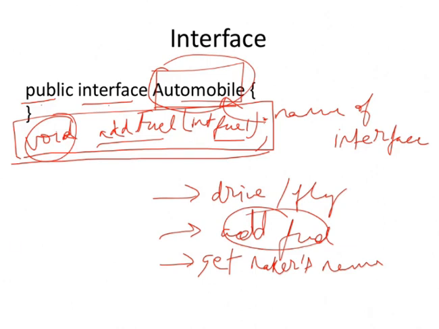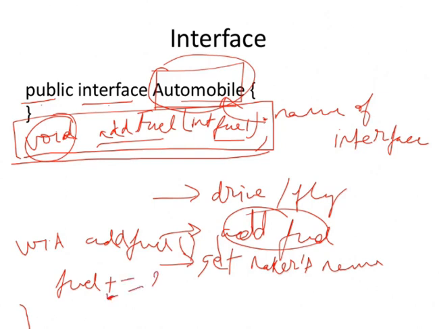Generally we define our methods followed by brackets and then say fuel plus is equal to, but this thing doesn't have these curly braces, which means this method doesn't have a body, and that's what the idea of an interface is. So an interface really defines only the functionality, the header of that method that needs to be present in all the classes which are implementing that interface, not really the functionality itself.